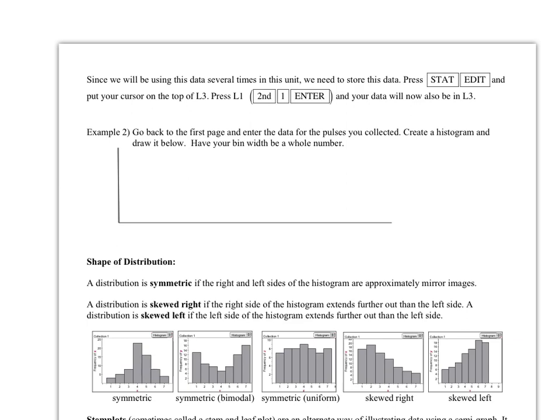If this was a homework assignment, you would have to label your title, and you'd have to label the axes. This axis would be frequency. This axis would be pulse rate. So we need to put this on the paper. You have a grid there, so I'll help you do that in a second.